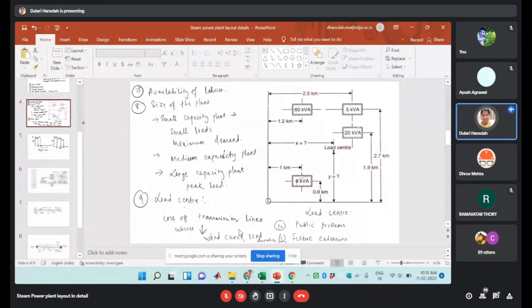Okay, so this load center, if it is related to a small plant, medium capacity plant, or large capacity plant, then for a large capacity plant, the load center will be the particular region.